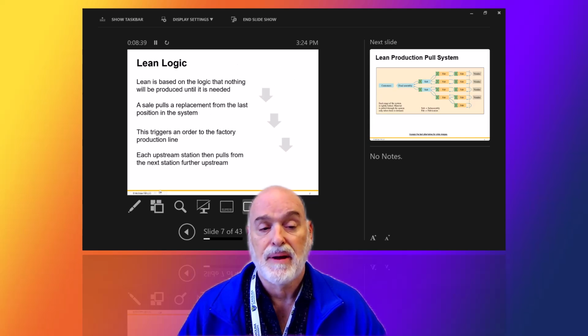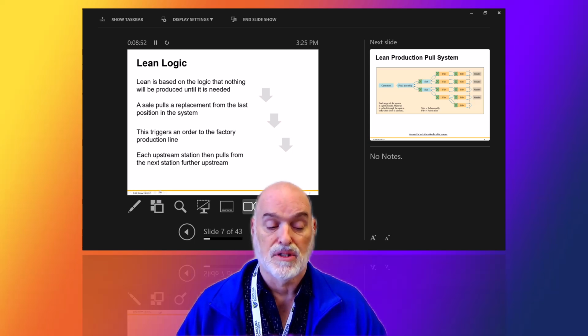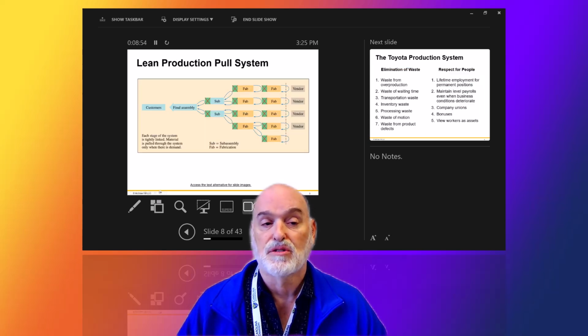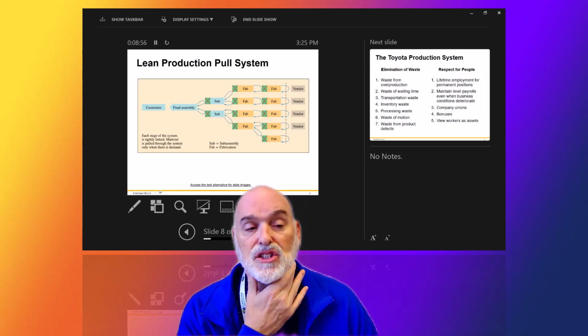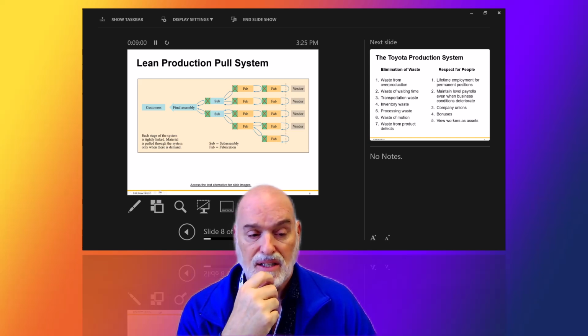Lean logic is based on the logic that nothing will be produced until it is needed. A sale pulls a replacement from the last position in the system. This triggers an order to the factory production line, and each upstream station then pulls from the next station further upstream. So if we take a look at this chart on the lean production pull system, we have customers.